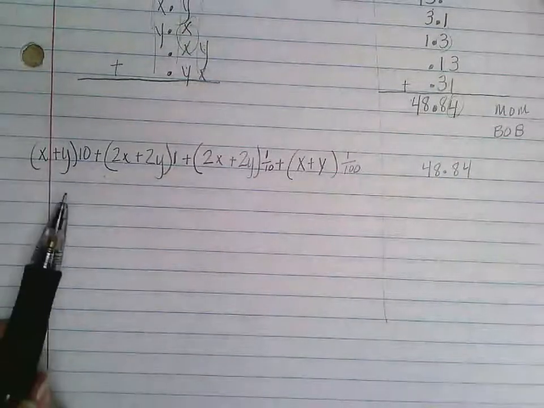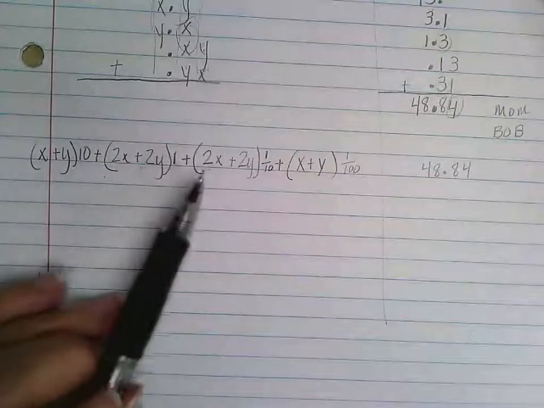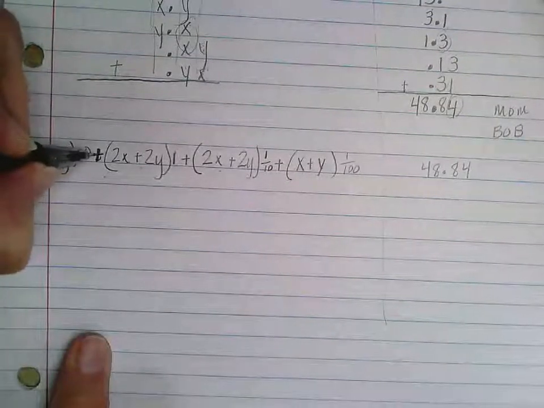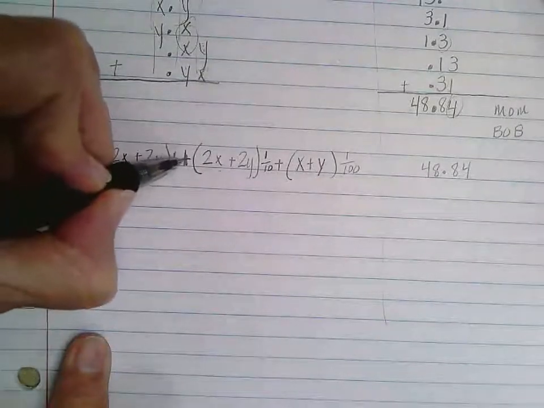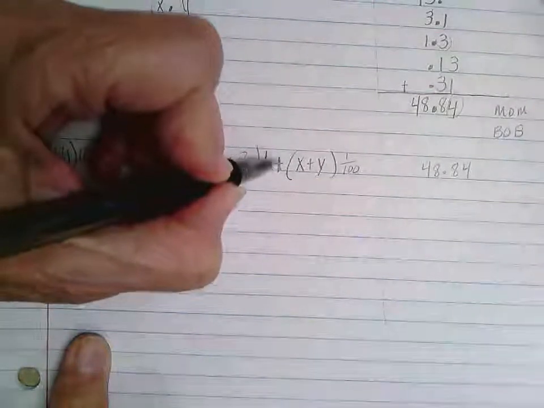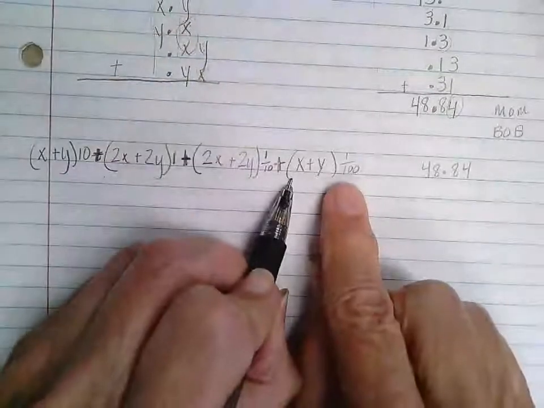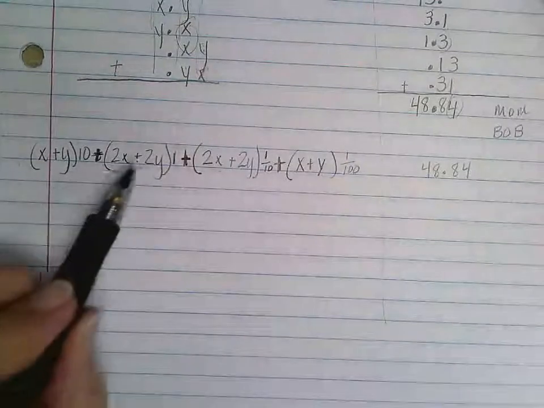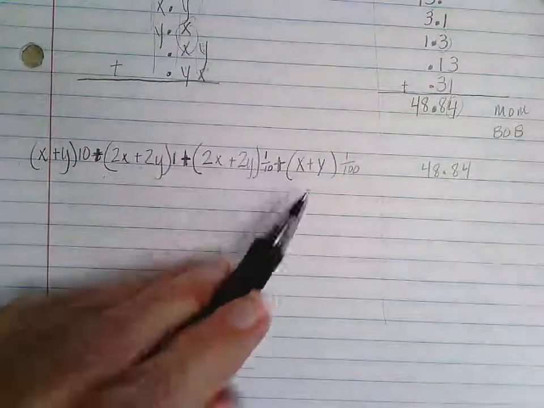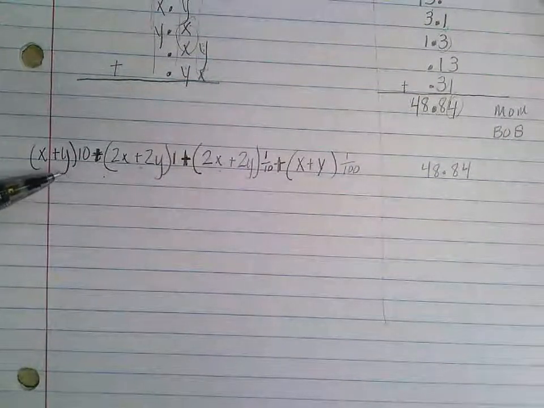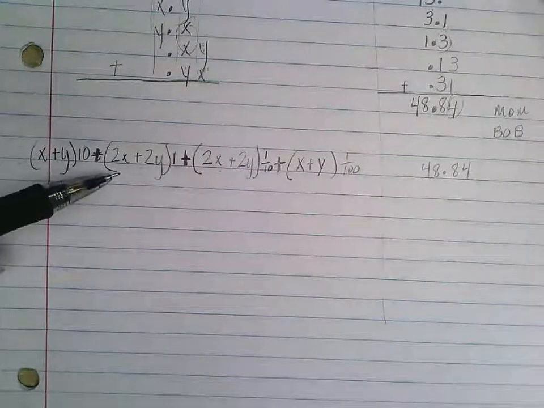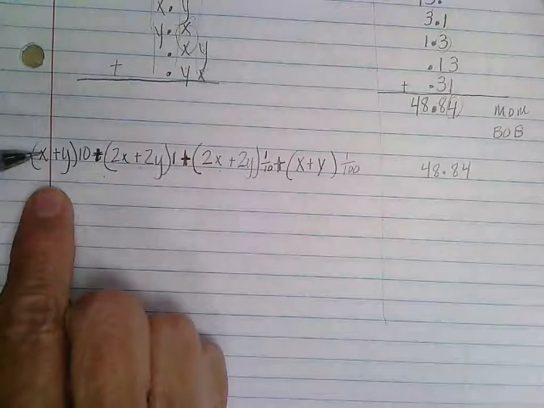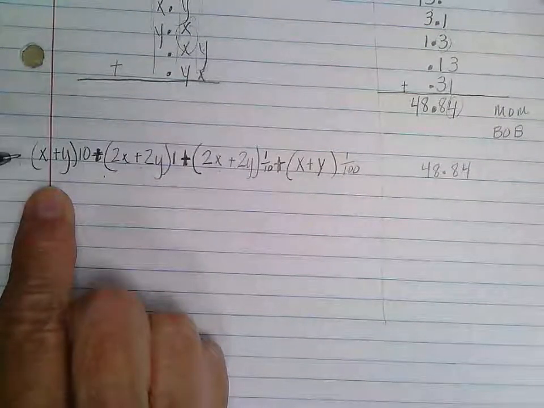So when I look at this, I notice that in every single term, and remember my terms are separated by my plus or my minus signs, so I have 1 term, 2 terms, 3 terms, 4 terms, in every single term, I have an x and a y. So what I'm going to do is I'm going to factor out the x and y of every term. Now this one, I just have an x and a y.